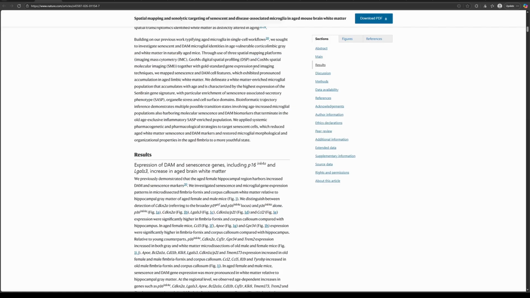Together with gold standard gene expression and imaging techniques, we mapped senescence and DAM cell features, which exhibited pronounced accumulation in aged limbic white matter.